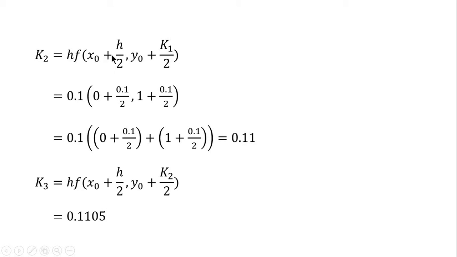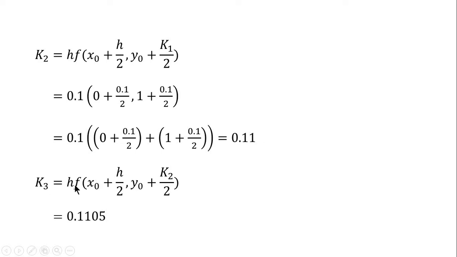First you have to compute the variables x naught plus h by 2. Similarly, compute the variable y naught plus k1 by 2, which is 1 plus 0.1 by 2. Now, we have our function f of x, y is x plus y. Adding these two and then multiplying 0.1 we get k2.